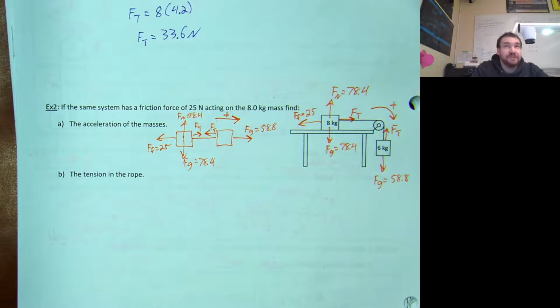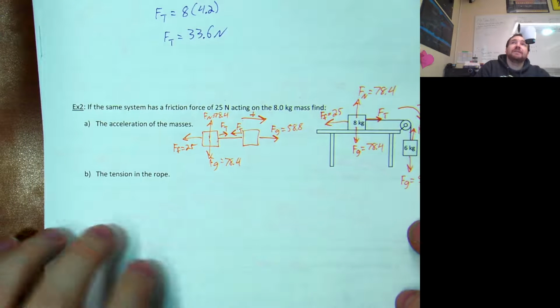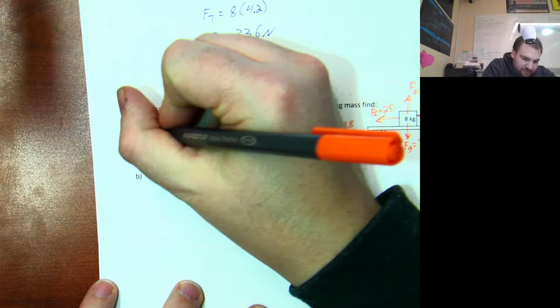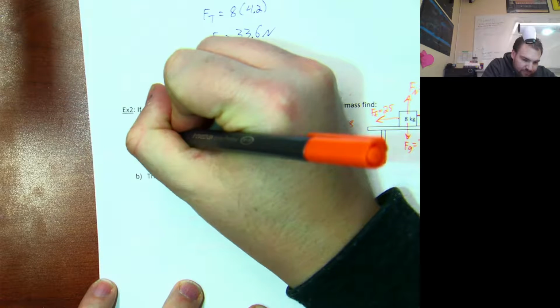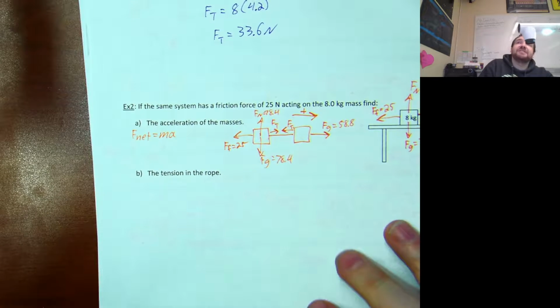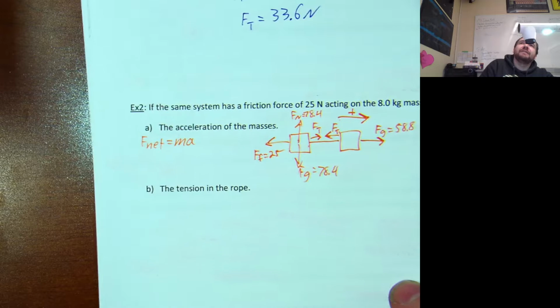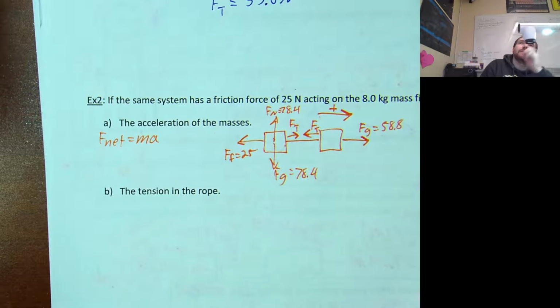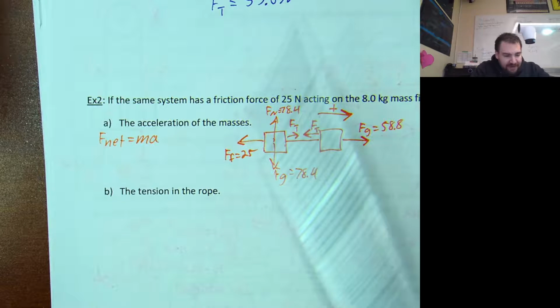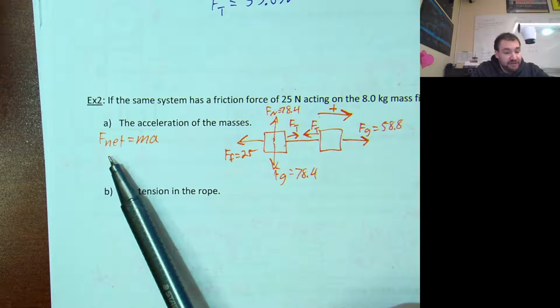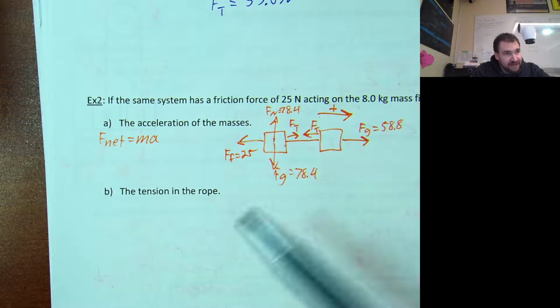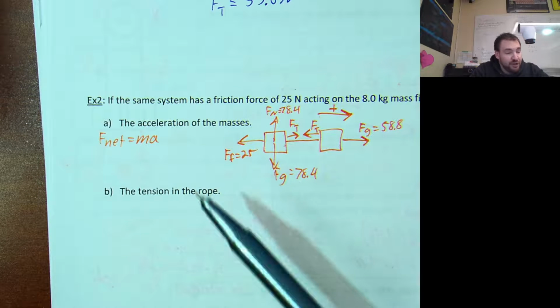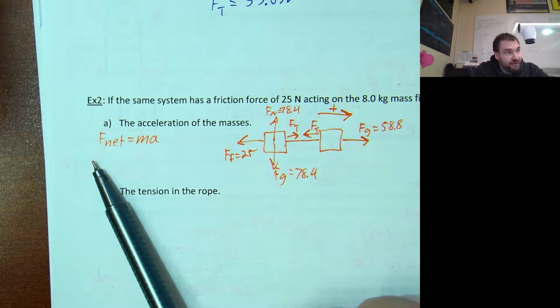And I'm just going to go through and solve this thing here. I'm going to start with F net equals MA for the system, because it's the system that's accelerating. So then my F net expression is going to be similar to what it was before. The only difference now is I have friction acting to the left. So what is my F net expression going to be?